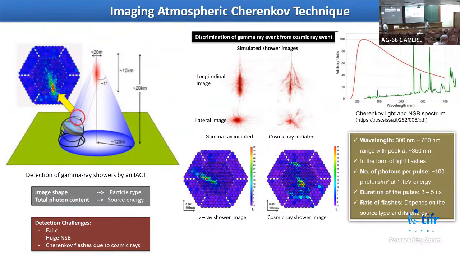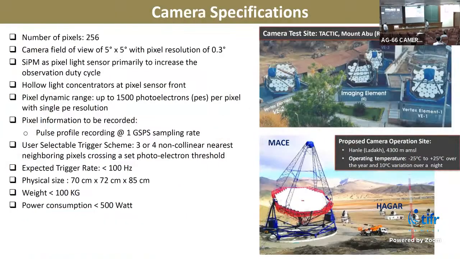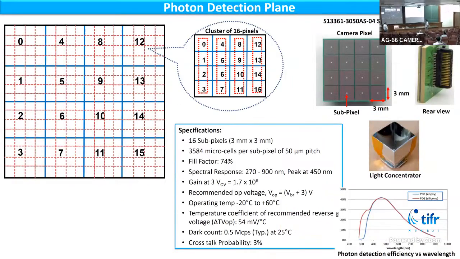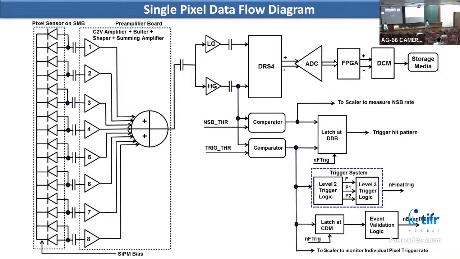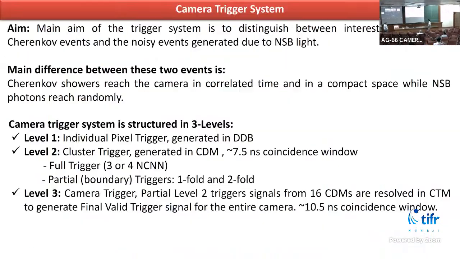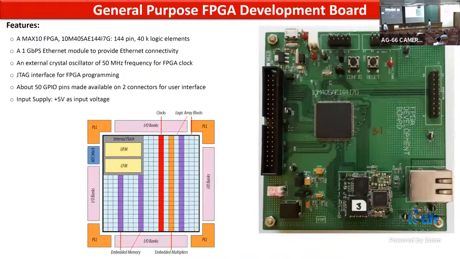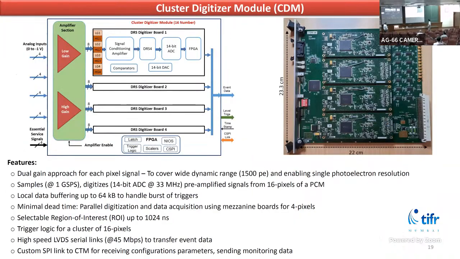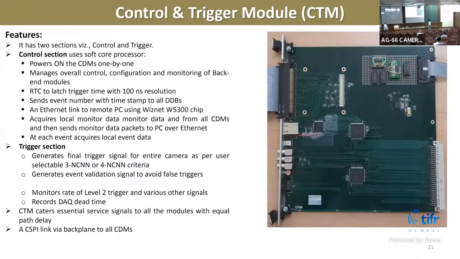That is the first comment. And second is dead time: 398 microsecond is the worst case. There are a lot of data memories in the TDB and CDM, and also CTM, which are capable of storing several events. So definitely dead time will not be that much. It's only the worst case scenario if the trigger rate is very high.